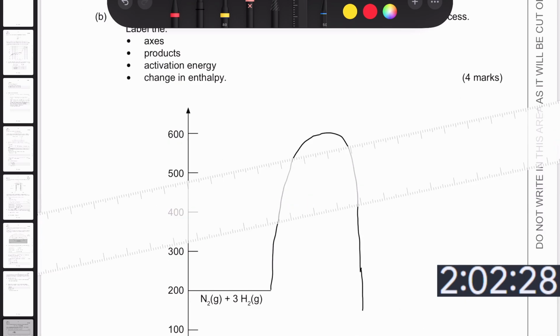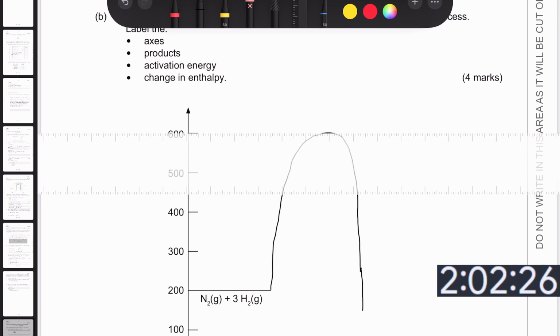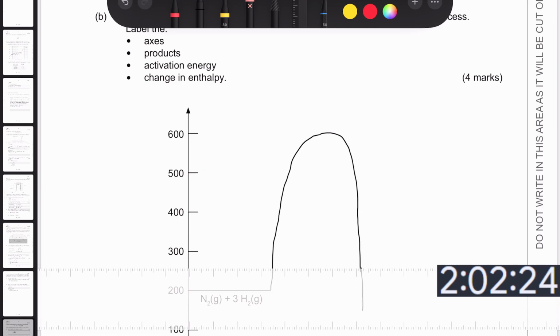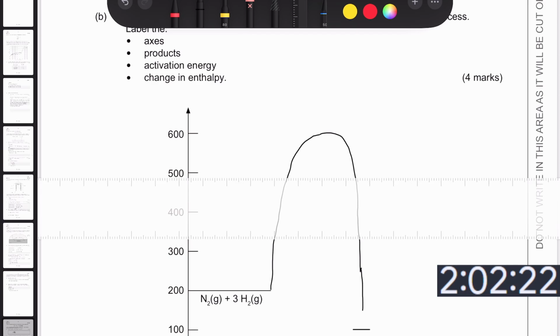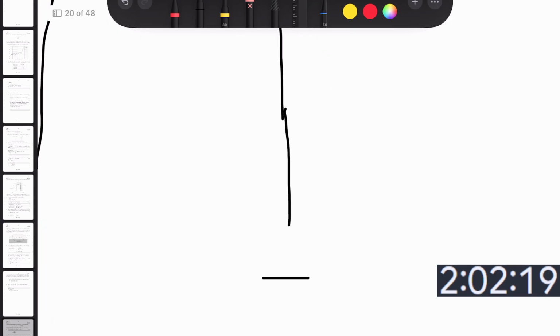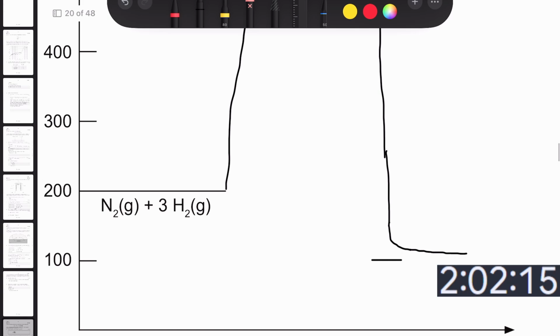Get the ruler out for this. That was pretty good. So this is my 100 line, so I need to go just a little bit above that. So something like that.